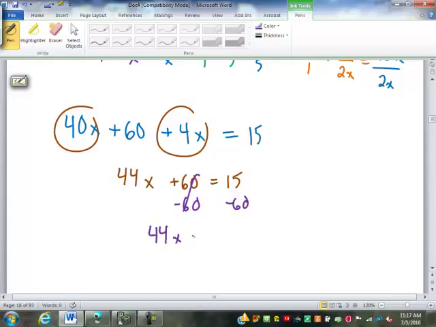So 44x equals a negative 45. And then divide by 44. X equals negative 45 over 44. If you left it like that, I'm okay with it, or you can make it as a negative 1 and 1/44.